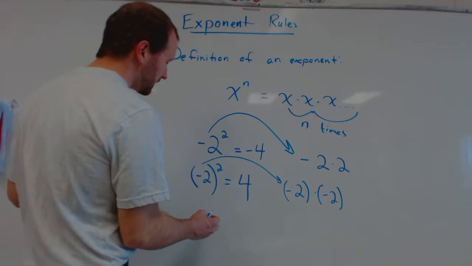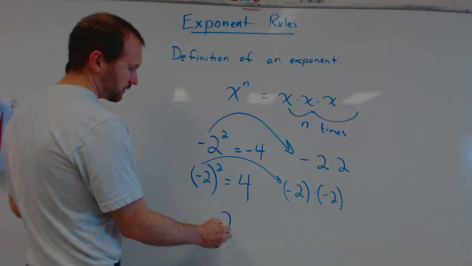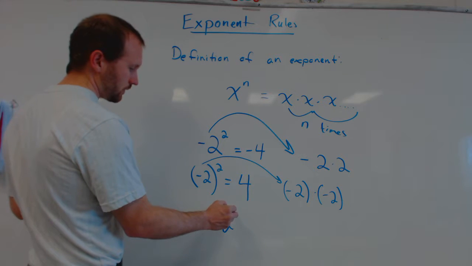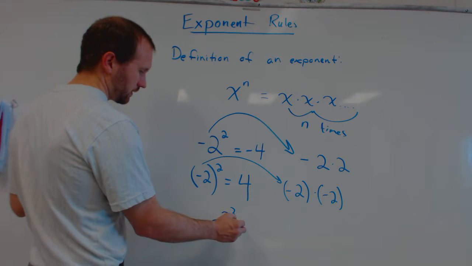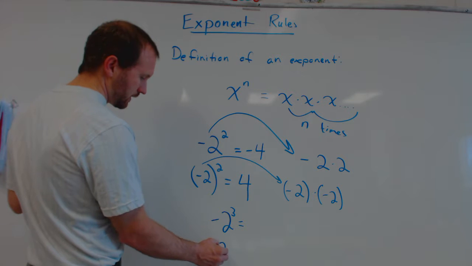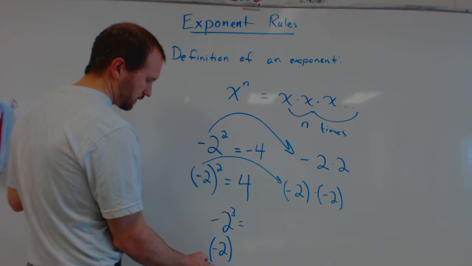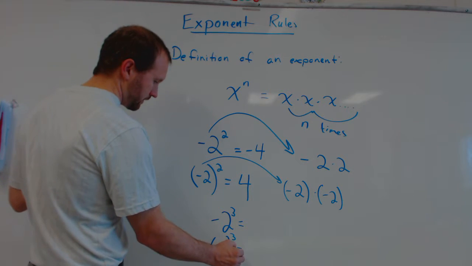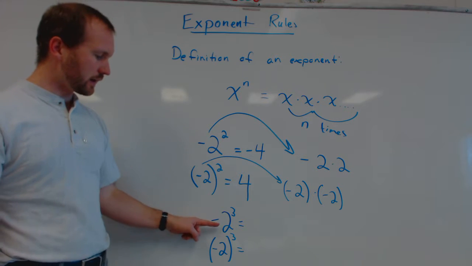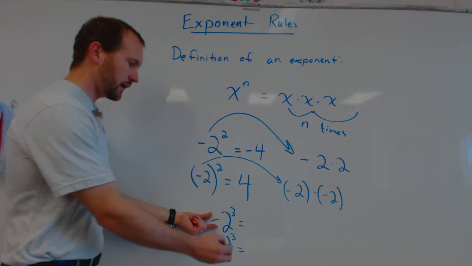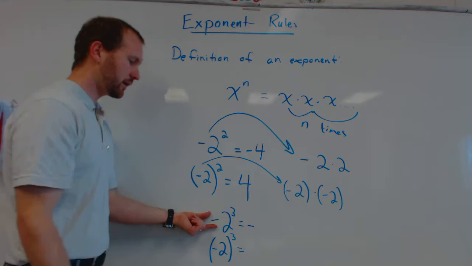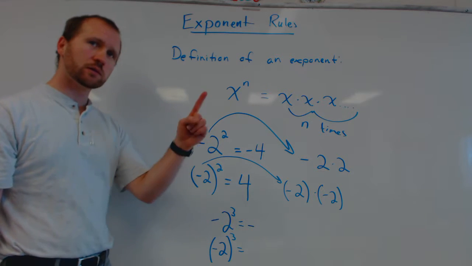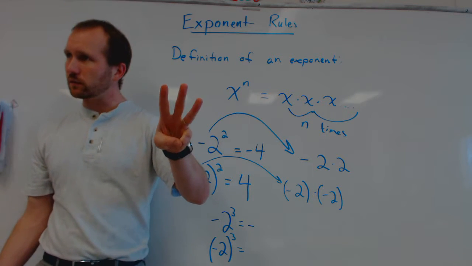So then, what if we had something like this? Negative 2 to the third power, or negative 2 to the third power with parentheses. Well, this one, again, we just see a negative and we say, okay, I'm going to leave that negative there, and then I'm going to do 2 times 2 times 2.